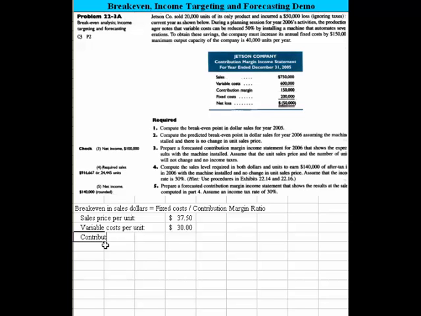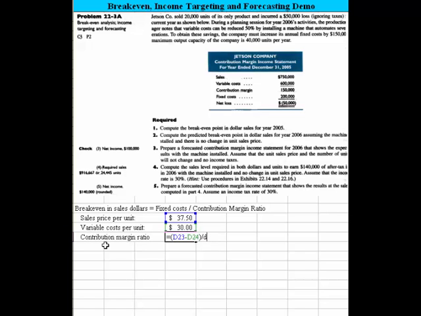So let's compute our contribution margin ratio. The way we can compute that is we can take the $37.50 minus the variable cost to come up with contribution margin, and then divide it by the $37.50.